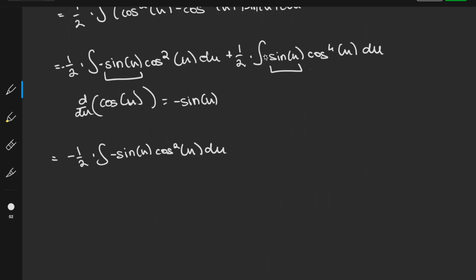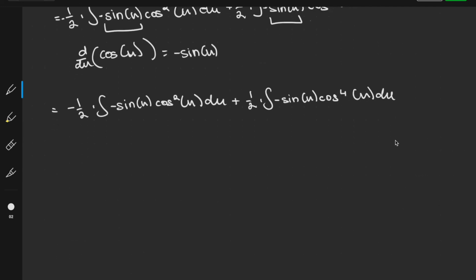And then because we're going to have a double negative here, I've put that negative in. This is going to become plus a half times the integral of negative sine u cosine to the 4 of u.